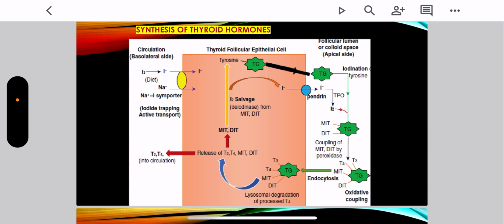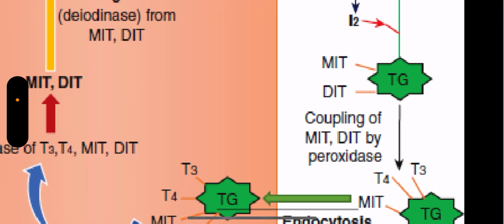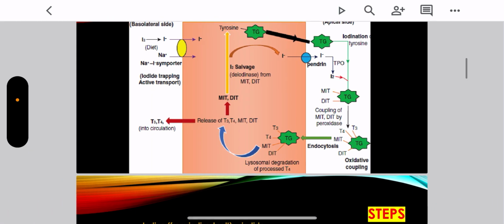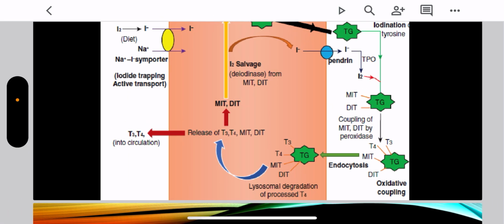One molecule of monoiodotyrosine and one molecule of diiodotyrosine, one MIT, one DIT, will form T3, and two molecules of DIT will form T4, and the process is called coupling reaction, which I told you earlier. You can see here coupling of MIT DIT by peroxidase, and there is formation of T3 and T4. The process is called coupling reaction or oxidative condensation.